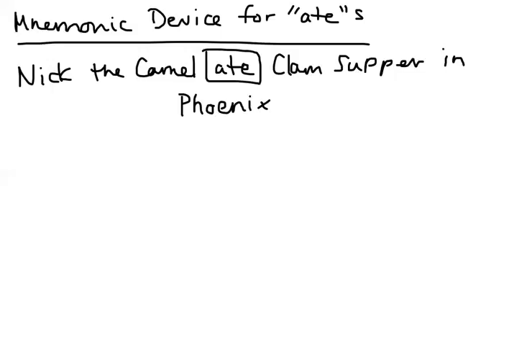Each of the capitalized words corresponds to an -ate. And there are 3 rules for how we determine what the -ate is.